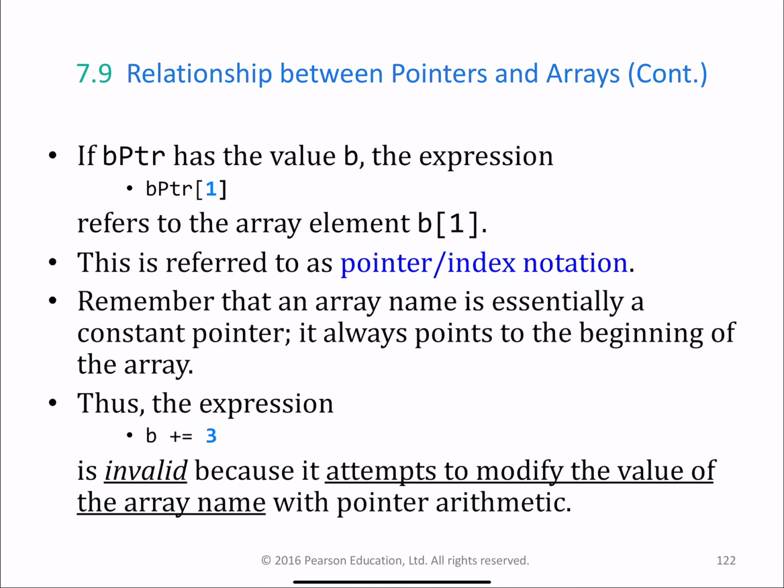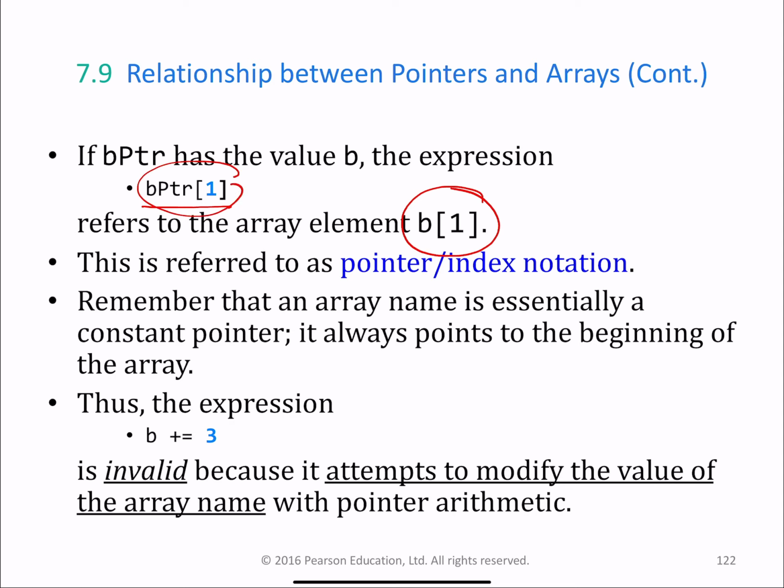For example, to access element number 1 of array B, I could use the pointer in this form, in this notation, and that would be the same as B1 using array indexing notation.